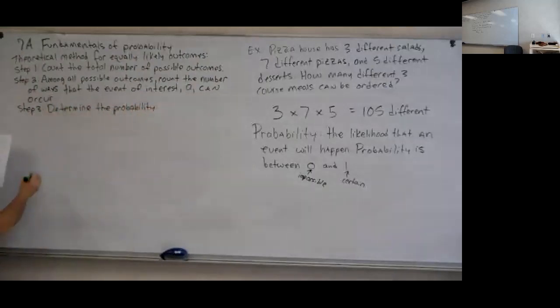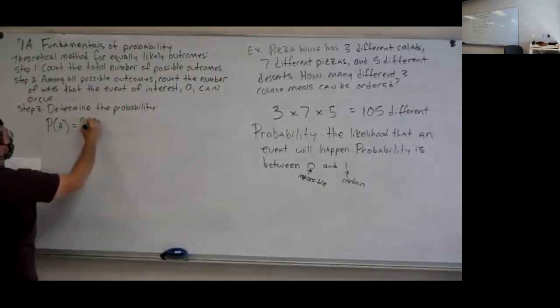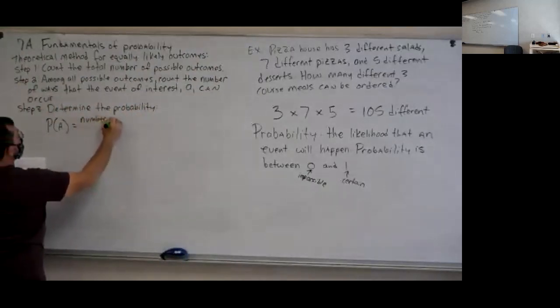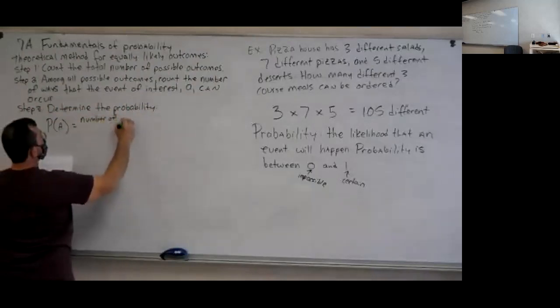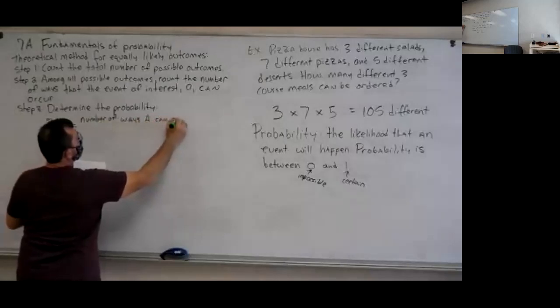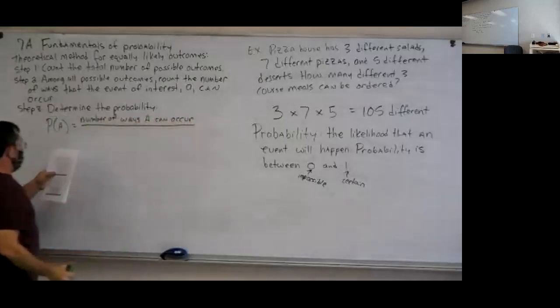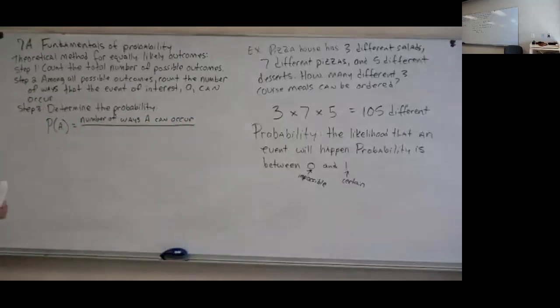The formula would be P of A, which means the probability that the event A will occur is the number of ways A can occur over the total number of outcomes.